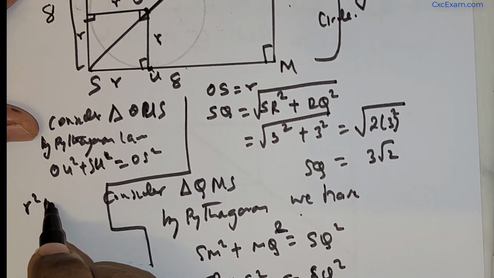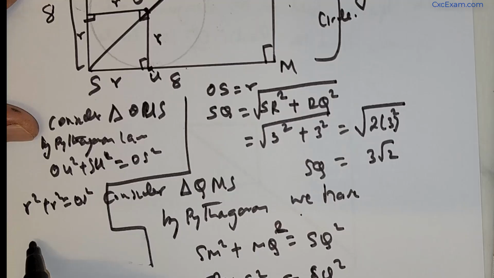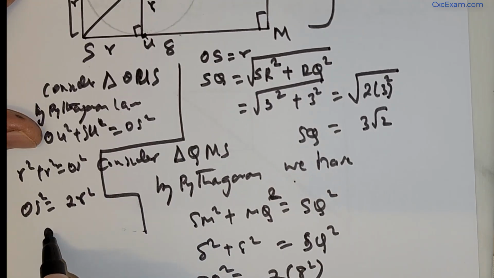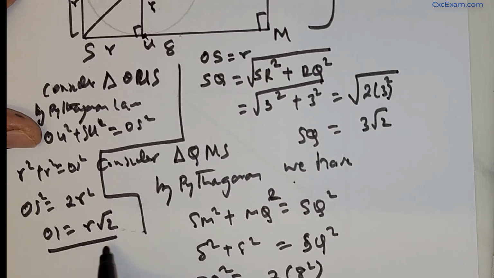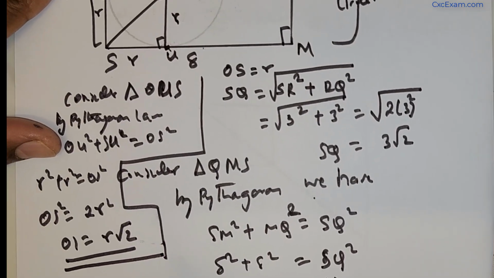So this is going to be R squared plus R squared is equal to OS squared. So OS squared is equal to 2R squared. So OS is going to be R times root 2. Okay, so that is a very important piece of information.